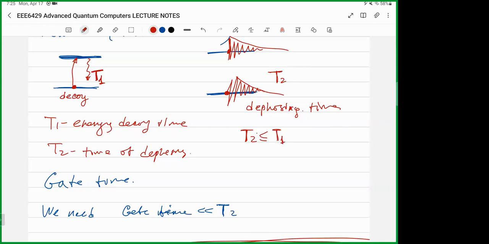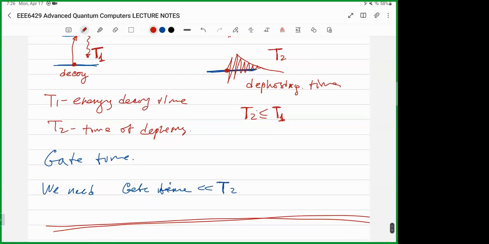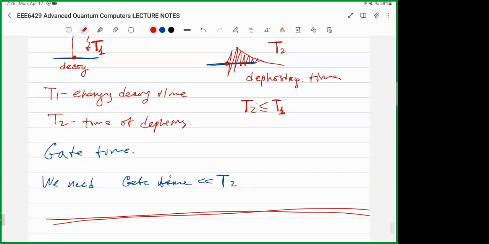It's simply due to the fact that in order to decay in energy, first your phase decays and then your system decays in energy, or while your energy decays from the excited state to the ground state, of course you lose the information about the phase. So T1 is always larger than T2. That's why people worry more about T2 rather than T1.